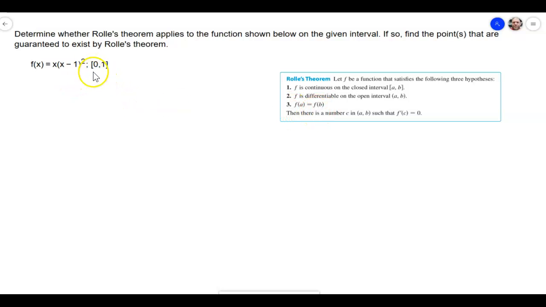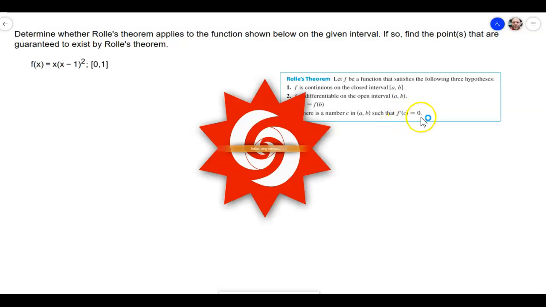So let the function evaluated at 0 be equal to the function evaluated at 1. If all of these are true, then there is a number c in the open interval a to b such that the derivative evaluated at c is equal to 0. Basically, the slope of the tangent line is equal to 0, or we have a horizontal tangent line.